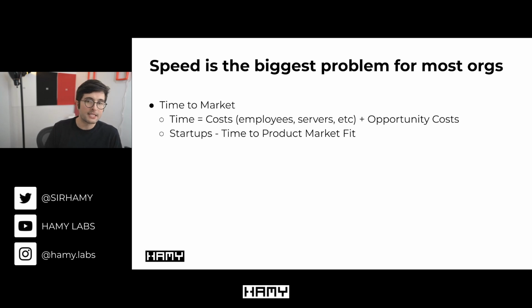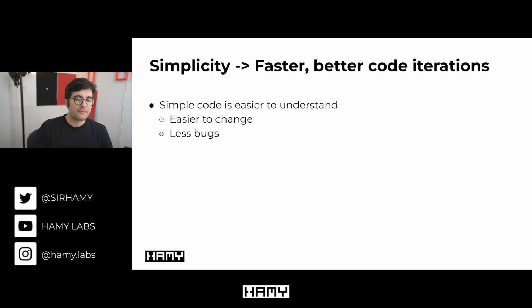And so they're really iterating to get product market fit. And so all this time that's spent building something that's not actually the biggest problem for your org is just taking away from the survivability of your actual business. And so my posit here is that simplicity leads to easier to understand code, which means that code iterations themselves are faster because it's easier to make changes.